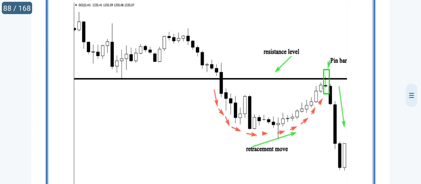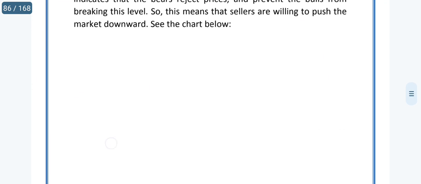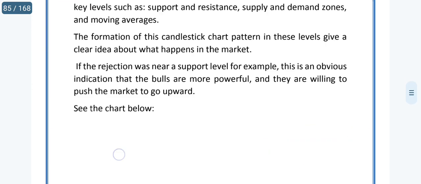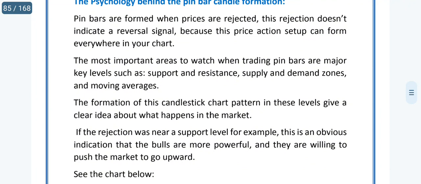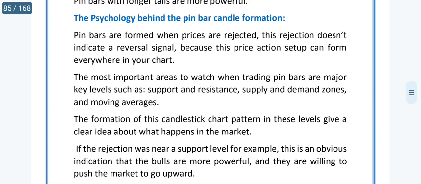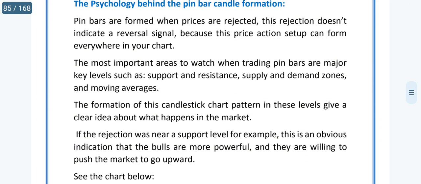In our previous video, we got to understand how to identify a penny bar when it forms in a market, and here we are going to learn the physiology behind its formation. The physiology, I mean the indication, what does it represent when it forms. That's the meaning of physiology behind the penny bar candle formation.